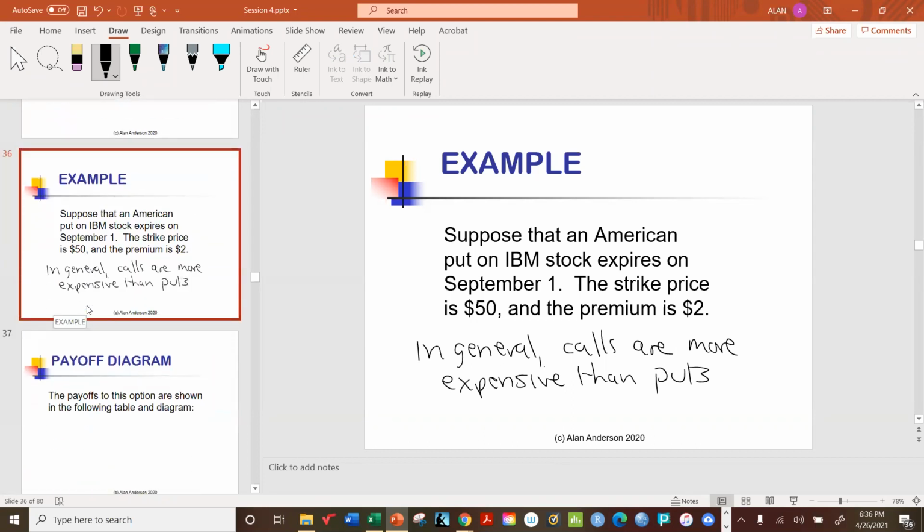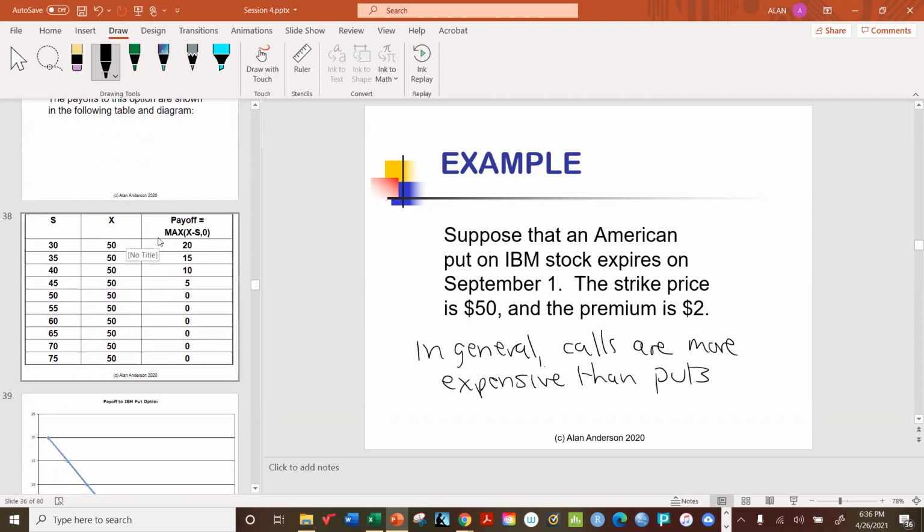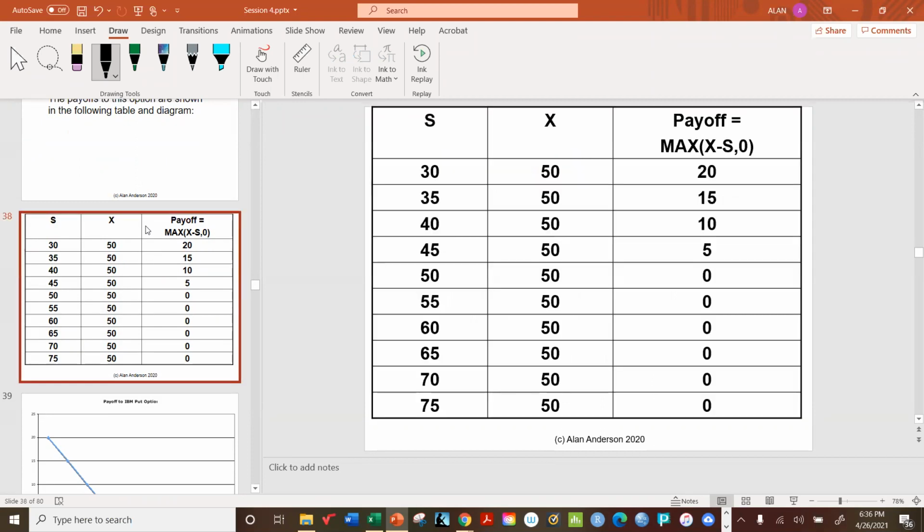All right, well now, once again, we'll have a payoff diagram, except first, let's look at the table. And you'll see the payoffs are calculated, and you'll see that this time, as long as the stock price is at or above the strike, we have a payoff of 0.